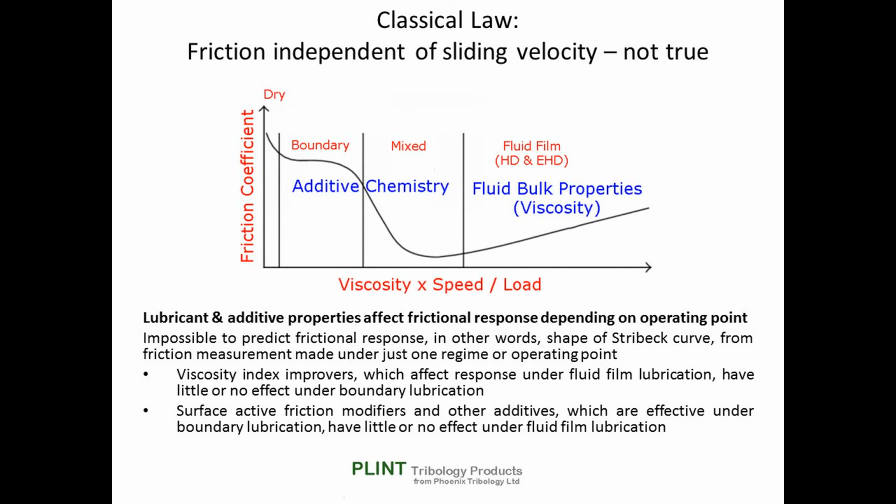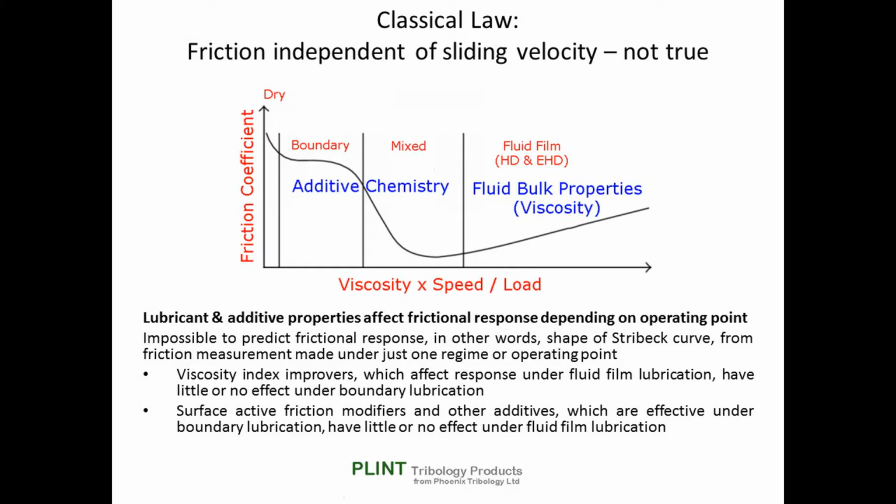Lubricant and additive properties affect frictional response depending where we are on the Stribeck curve. It is important to note that it is more or less impossible to predict the frictional response, in other words the shape of the Stribeck curve, from a friction measurement made under just one regime or operating point.